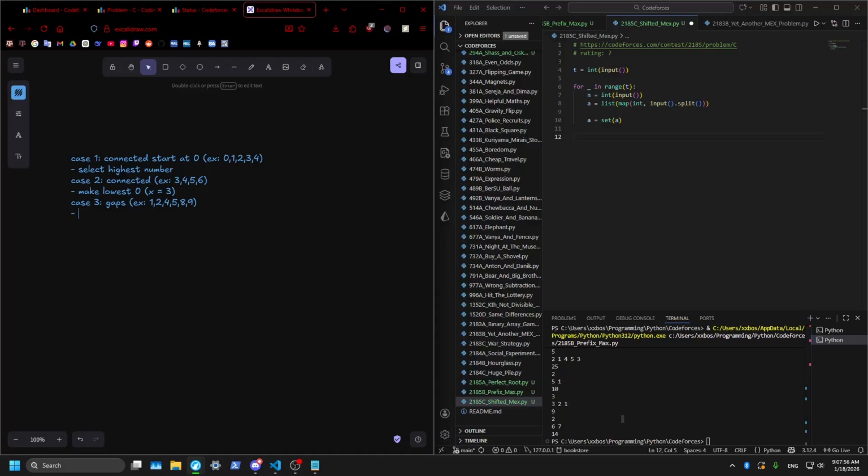Now what do we do in case of gaps? Okay, so case 3 is gaps start at 0. Wait, no, I'm thinking about adding a number, not shifting everything up 1. So x can be negative.